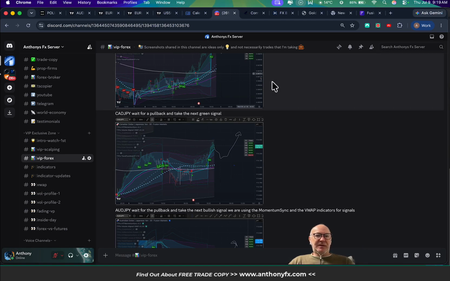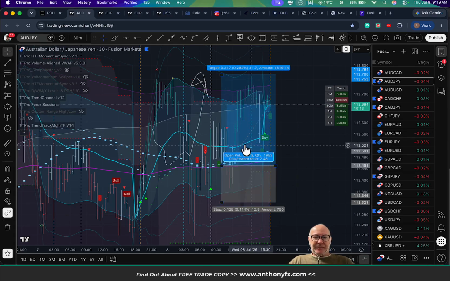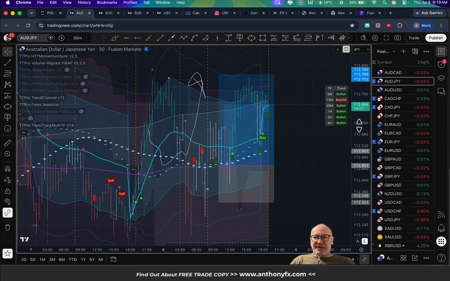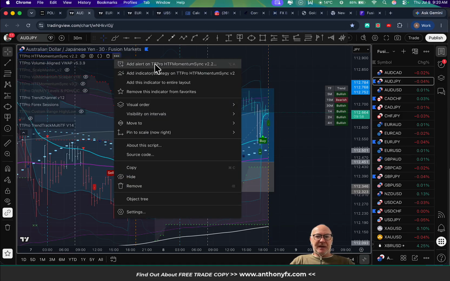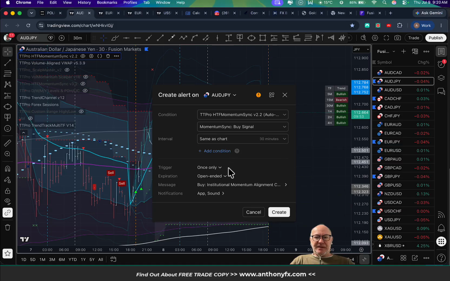So all you've got to do is come in here. This one was a bit volatile, but after I post this, just come in here and set the VWAP and the Momentum Sync, these two here. You set these two alerts. All you got to do is 3 dots, add alert, and take the next buy signal, once per bar close if you like, and create.